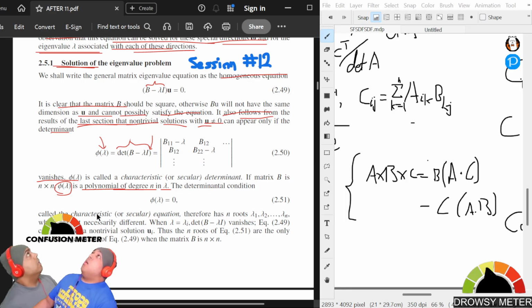Because if we find the determinant of this, we need to multiply this by the determinant here, and each time you keep getting another lambda. So 1, 2, 3, 4. You get lambda to the nth degree, lambda n.